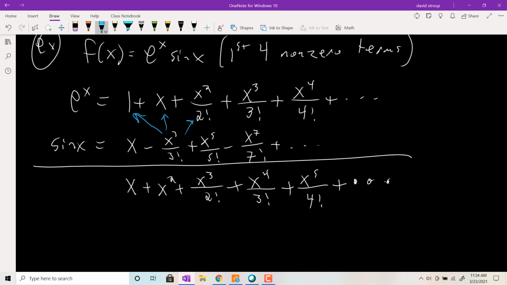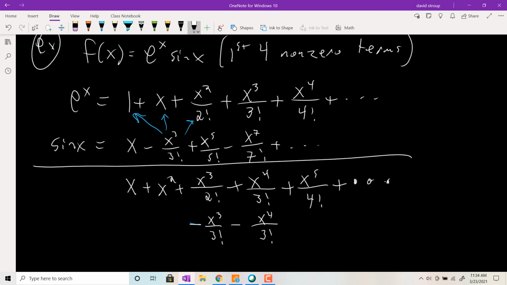This time x cubed times 1, and then you line up the powers because that's where you'll be doing your addition. So x cubed over 3 factorial times 1, negative x cubed over 3 factorial, and then minus x to the 4th over 3.